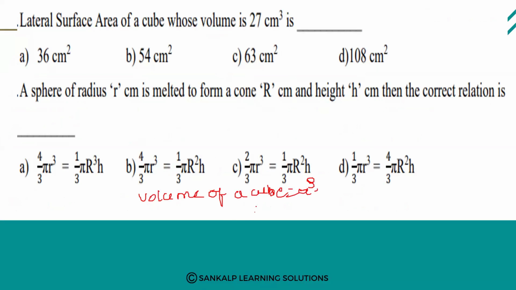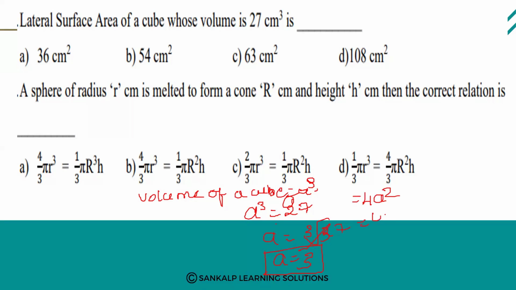So a cube is equal to 27. Then what is the value of a here? Cube root of 27, so the value of a is 3, right? Now, what is lateral surface? Lateral surface means the curved surface area of a cube, that is 4a square.